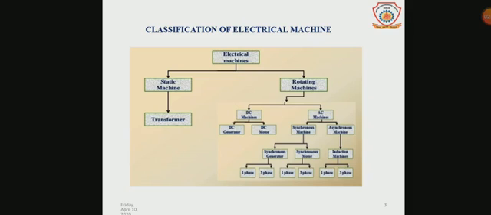AC machines are again divided into two categories, synchronous machines and asynchronous machines. Synchronous machines are electrical machines whose rotating speed is proportional to the frequency of the alternating current supply and independent of load. An asynchronous machine is an electrical machine in which the magnetic field and the rotation are not exactly the same.